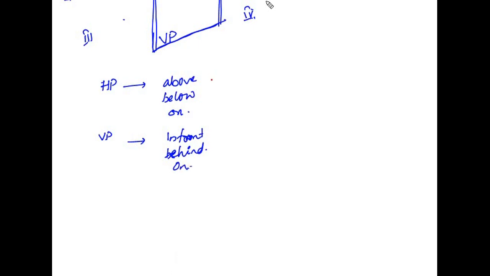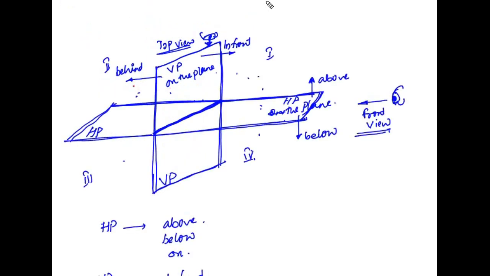So these are the positions of the object. Depending on these positions we can state in which quadrant the object is, first, second, third or fourth quadrant, and accordingly we can draw the projection of the object.